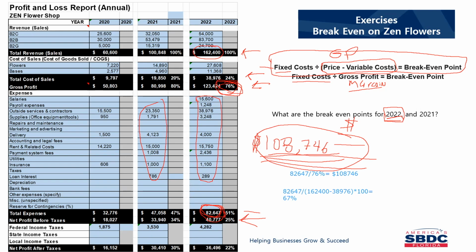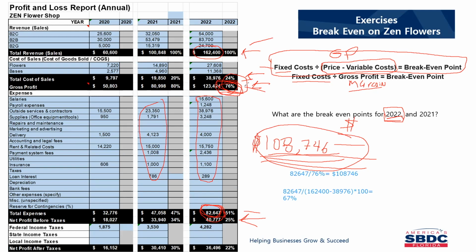So yes, you could be off, but remember, I'm using this number. So you can find the break-even point without any revenue. For example, if you're starting a company and you don't have any sales yet. Yes, you can, as long as you know these numbers. I can figure out what my number needs to be here.